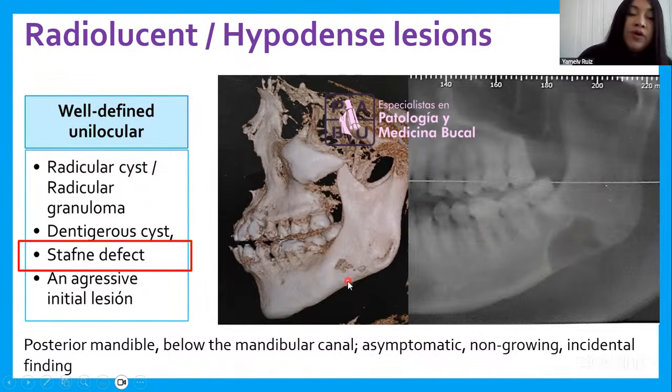And in this 3D reconstruction, we can observe this loss of bone, but it's important to remember that 3D reconstruction only gives us some characteristics, and we always have to make the correlation with the complete tomography.